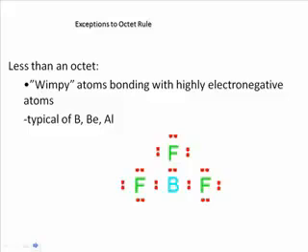And so what you'll see is that for this example here, we have boron trifluoride. And when you draw the Lewis structure for that, you end up where you don't have enough pairs to give everything 8. But boron, being the wimp that it is, will not force fluorine to share another pair of electrons. And so it's happy with 6.